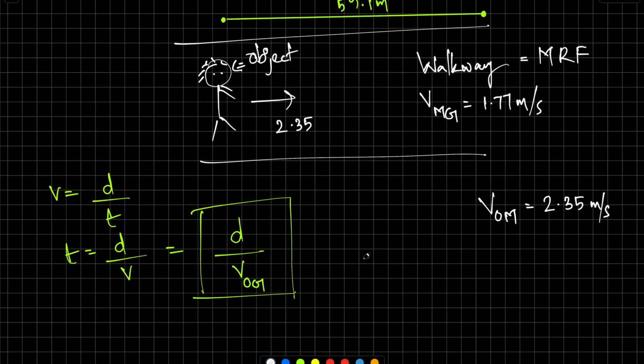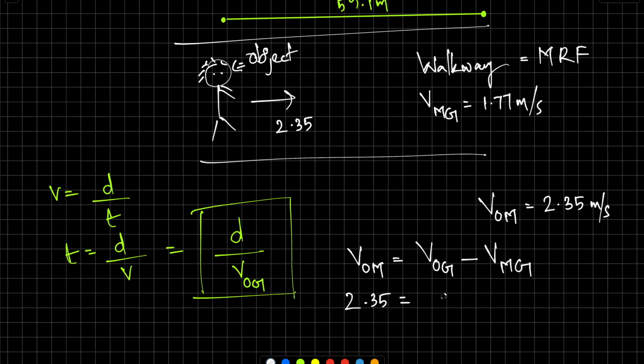What's our equation for relative motion? The velocity of the object with respect to the moving reference frame is equal to the velocity of the object with respect to ground minus the velocity of the moving reference frame with respect to ground. What is VOM? 2.35. The velocity of the object, your velocity with respect to the moving reference frame, is 2.35.